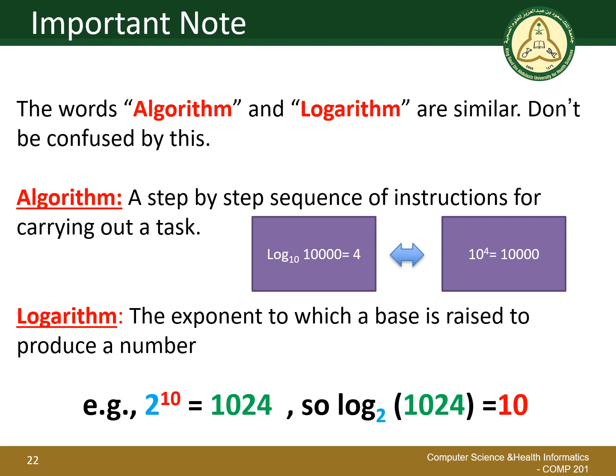Algorithm 1, 1000 شخص ححتاج 2000 seconds to solve the problem. Algorithm 2, 1000 شخص ححتاج 20 seconds. ليه؟ لأنه the cost of a comparison 2 seconds.